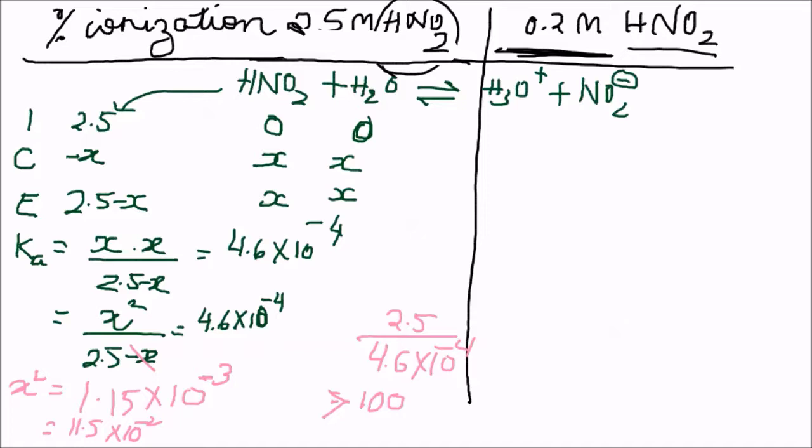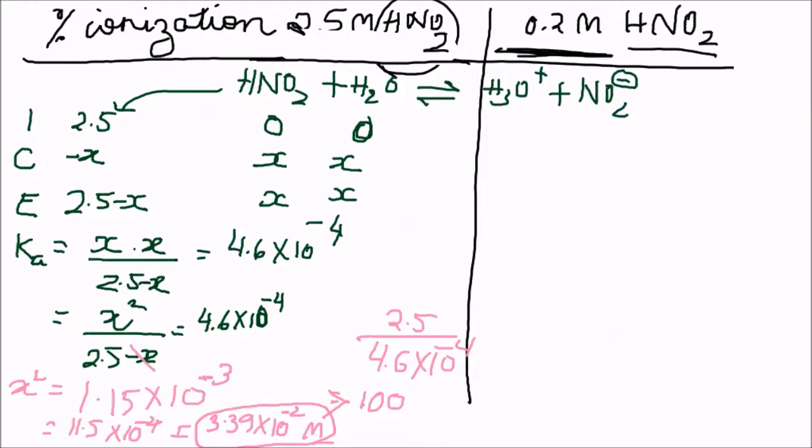So when you take the square root of that, let's take a square root, this calculator has one. Okay, and that comes out to be 3.39 times 10 to the power of minus 2 molar concentration. So that's the value of x that I got from the high concentration of 2.5.